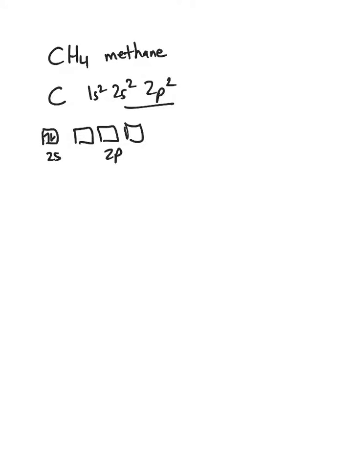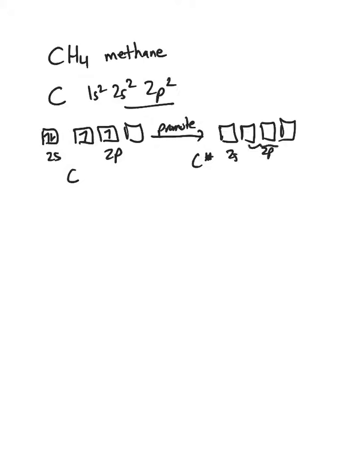I've got paired up electrons in the 2s, and I've got an electron in each of a pair of 2p's. I want to promote. So there's my carbon, the ground state. Now I'm going to make carbon an excited state. So there's my 2s, my 2p's. Promote an electron.